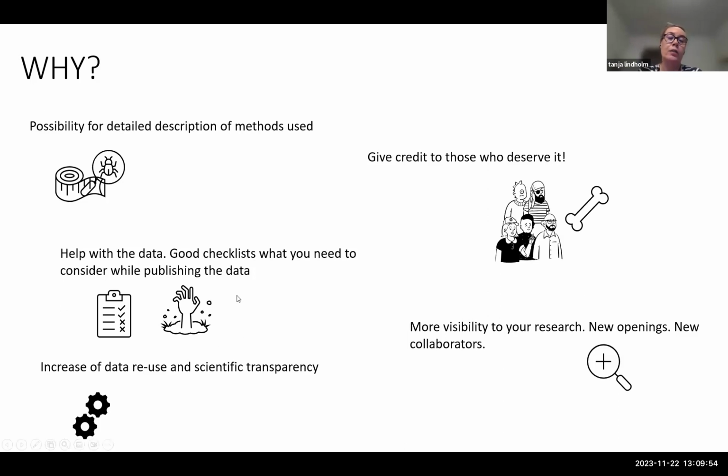A lot of researchers feel that you have done your research and the paper is ready, and then the publisher asks you to publish the data, and it's just like, oh my God, do I need to do this? And then you dump it somewhere and are a bit lost. So I think within this kind of process, it's possible to avoid this situation.